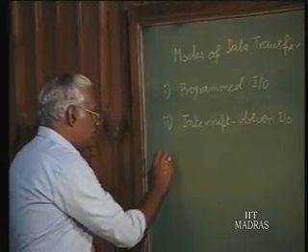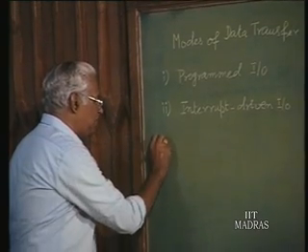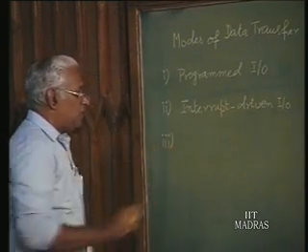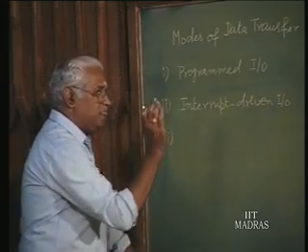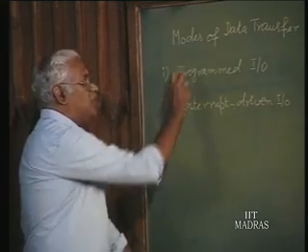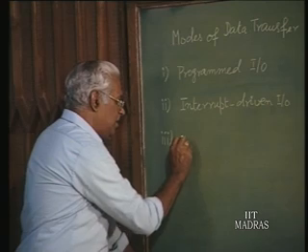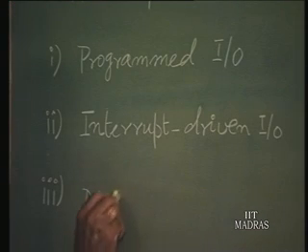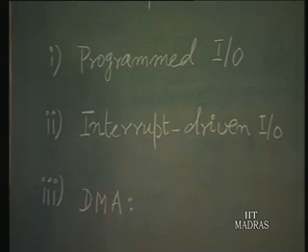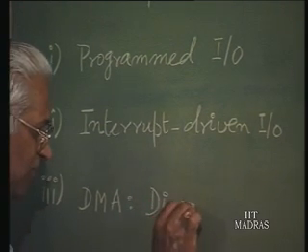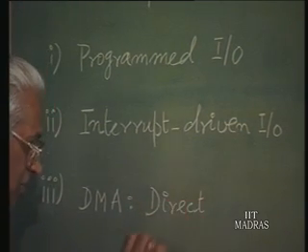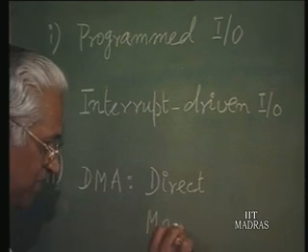So, we are moving on to the third one, in which the CPU is replaced by, let us call it, a controller. The precise method or the mode of transfer is briefly called DMA, as the name suggests. It is direct memory access. DMA stands for direct memory access.